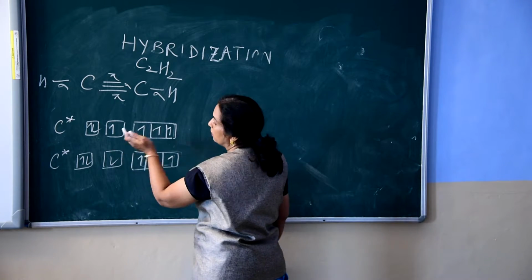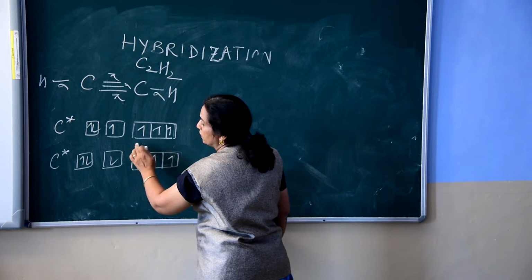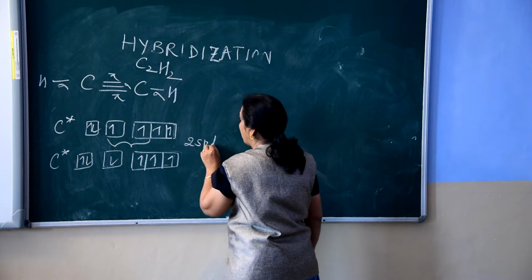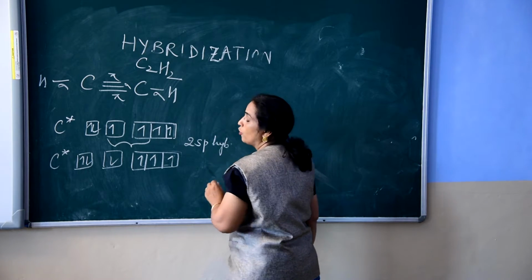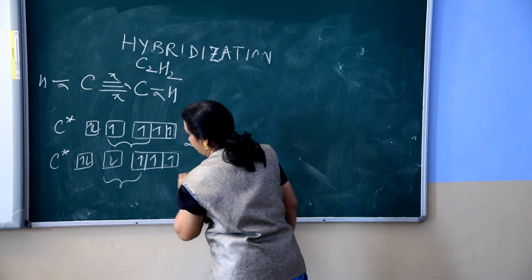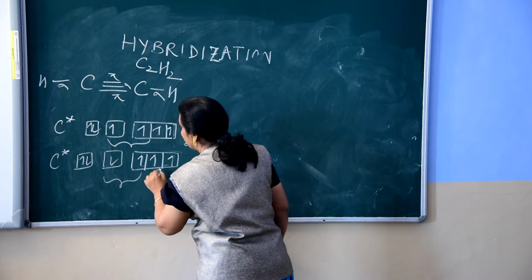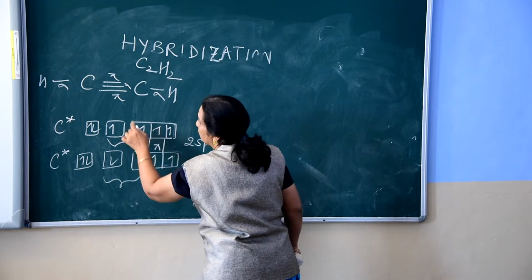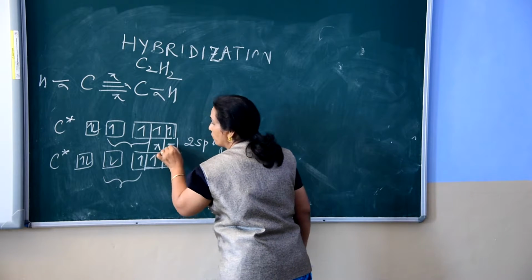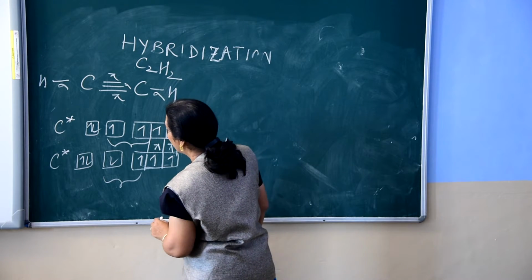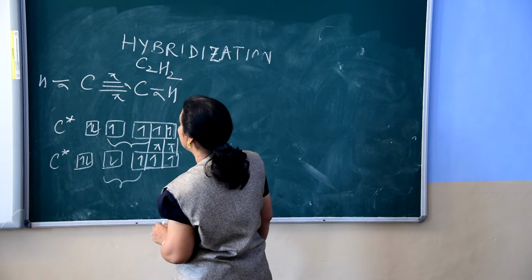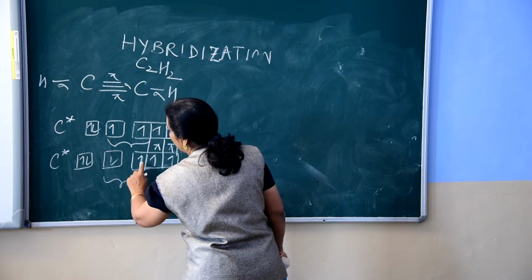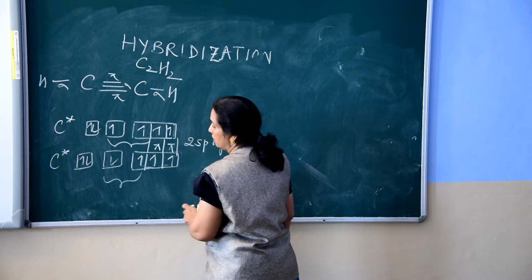So one s will combine with only one p and form 2 sp hybridized orbitals for each of the carbon atoms. The remaining 2 p orbitals form one pi bond between carbon and carbon, and another pi bond, and one hydrogen will be attached to each of the carbons through a sigma bond.